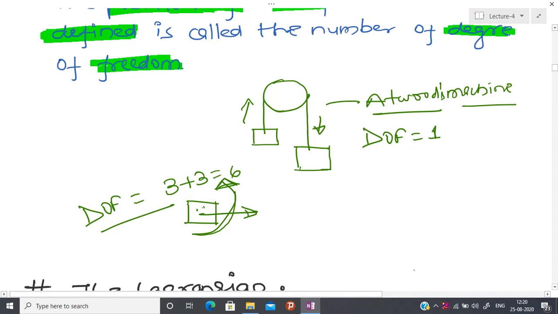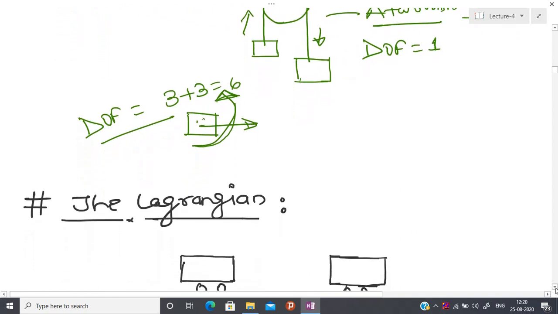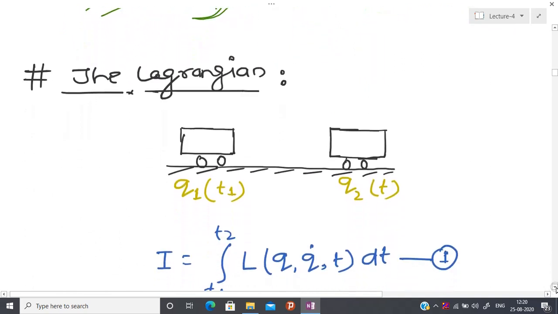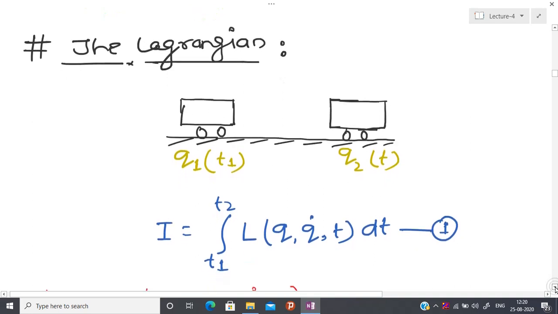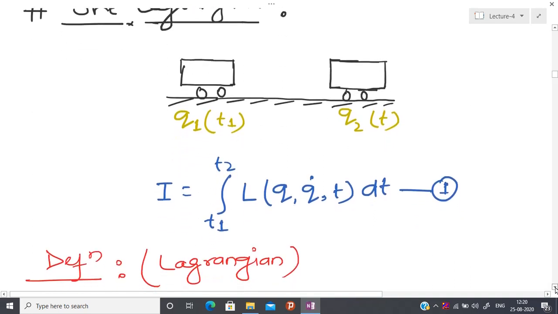Now if you understood the above 3 quantities, let us come to the Lagrangian. I have already told you that Lagrange first formulated the concept of energy, and using the concept of energy he arrived at the motion of the particle.